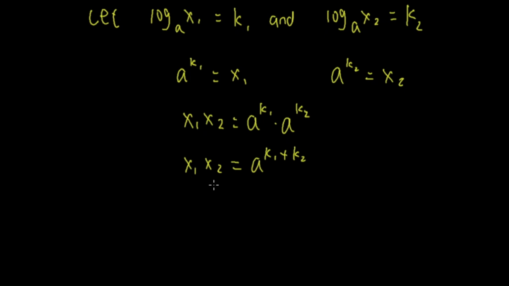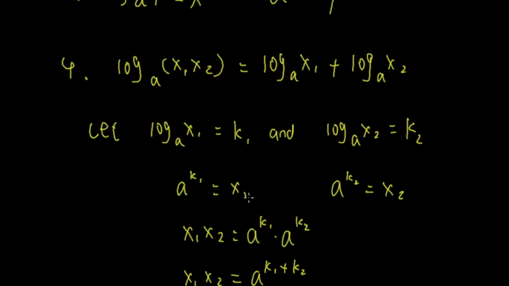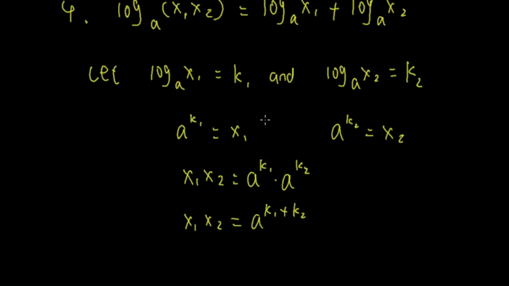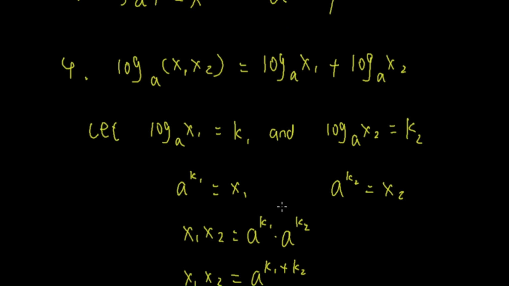Okay, now go back to here. Since we said that x sub 1 times x sub 2 is equal to a to the power of k sub 1 plus k sub 2, we can replace into here.